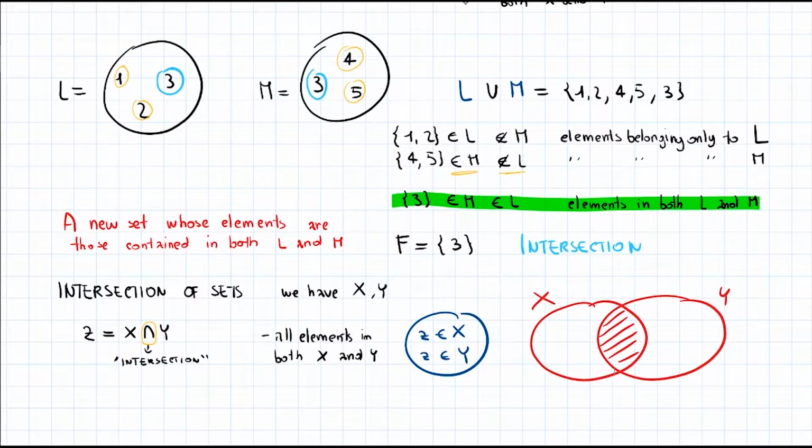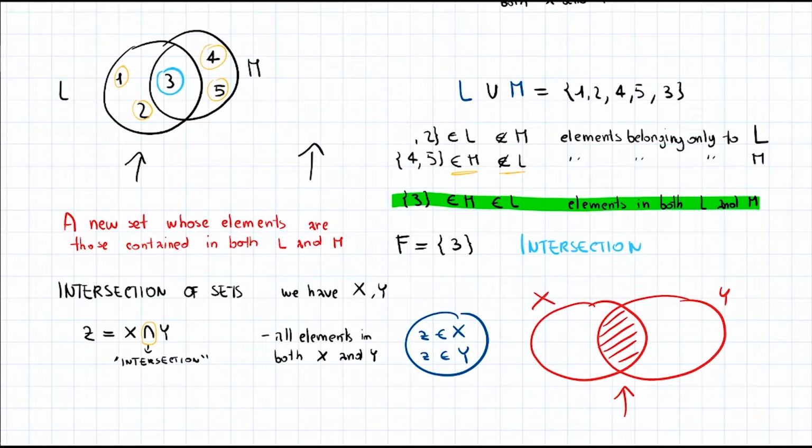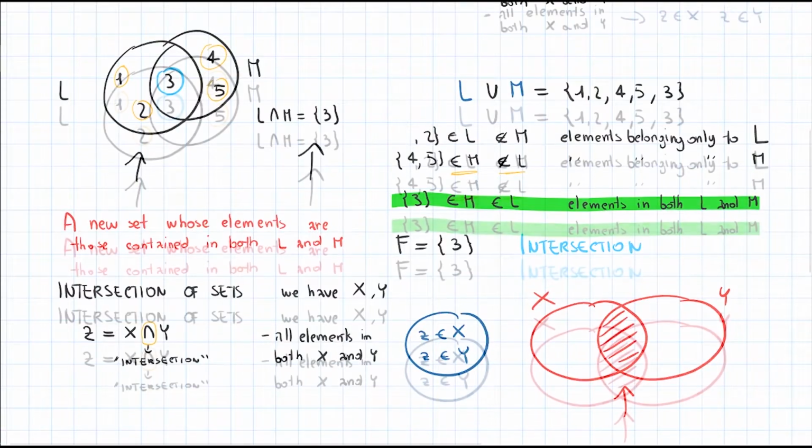Graphically, this means that if we have sets X and Y, we will take all the elements that they have in common. We can rearrange the graph of L and M in this way, and we see that the only element that they have in common is the element 3. So L intersection M is equal to the new set whose only element is 3.